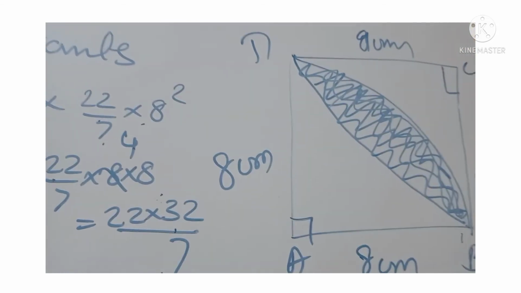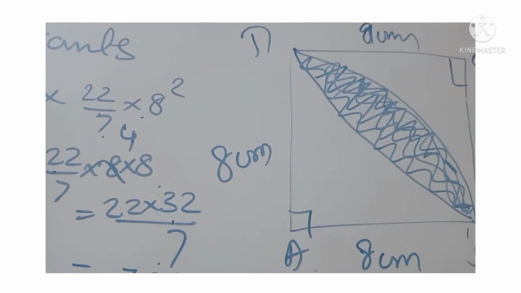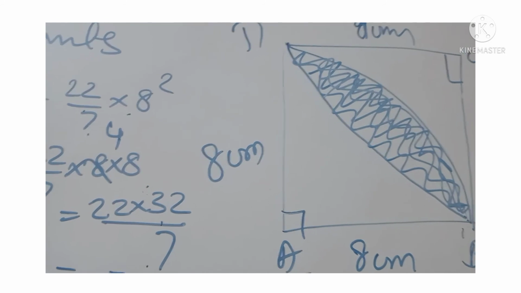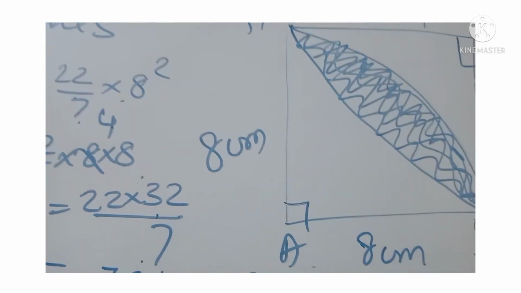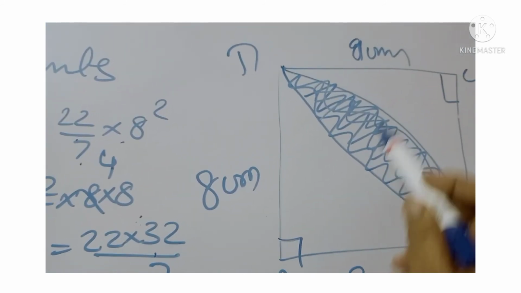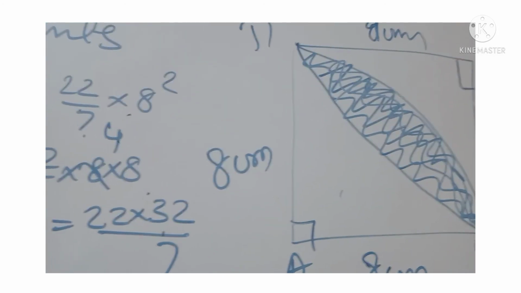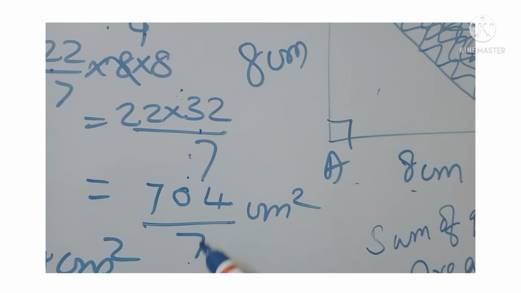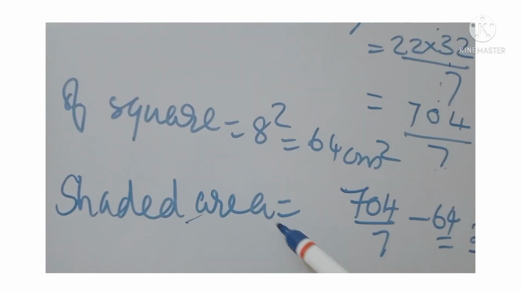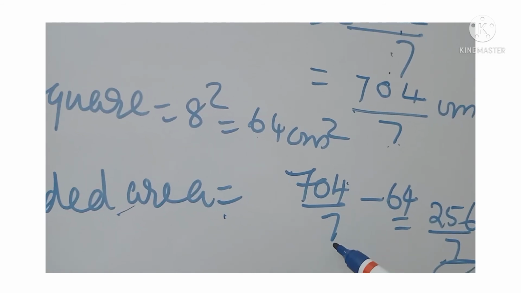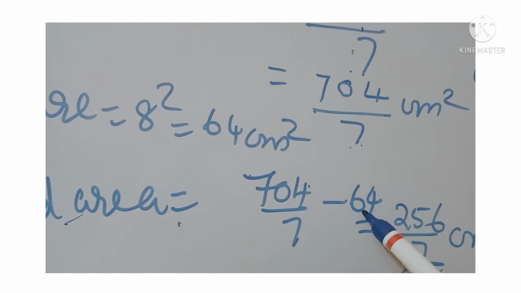Then we can find the area of the square. Area of the square is 8 square, it is 64. Then the area of the shaded region is area of two quadrants minus area of the square. Area of two quadrants is 704 by 7 centimeter square. So shaded area is 704 by 7 minus 64.